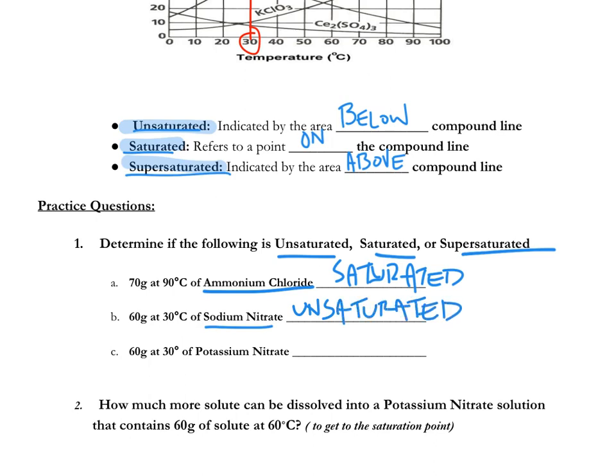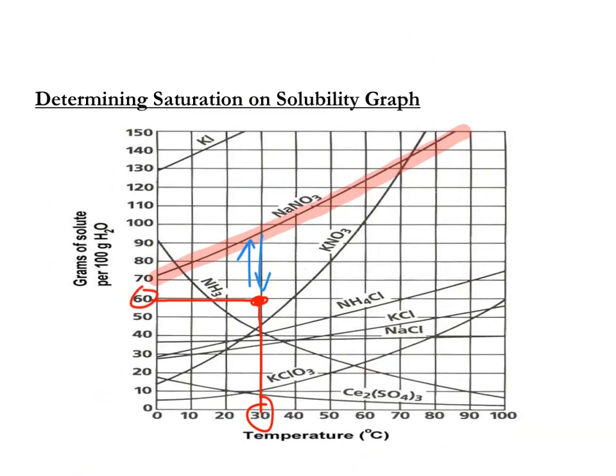All right, and the last one here, 60 grams at 30 degrees potassium nitrate. So I'm going to come back up to the graph and find potassium nitrate. Here it is, KNO3, potassium nitrate. So I'm going to go ahead and highlight that one. Okay, and the question says 60 grams at 30 degrees.